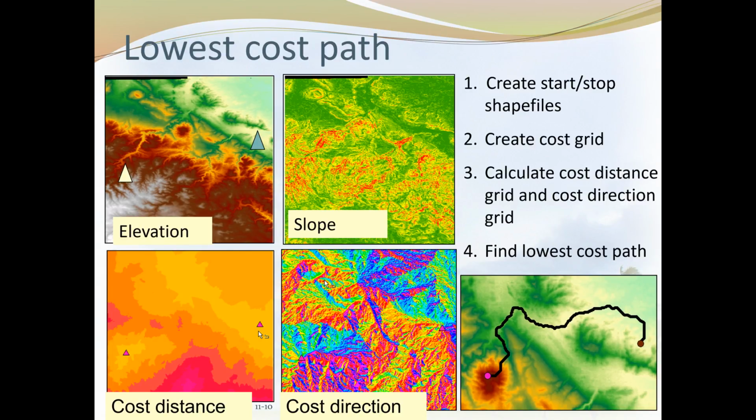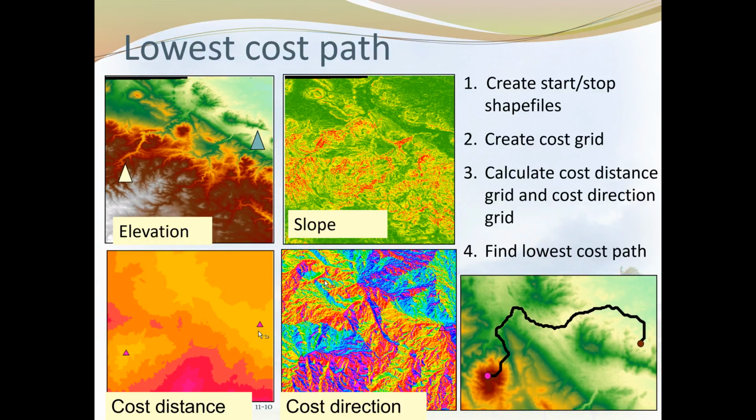In a cost distance analysis, a raster is first prepared that estimates the cost of travel over a surface. A single cost factor such as slope could be used, or the raster could combine different types of costs. This cost raster is used to develop a cost direction raster, which tells a traveler which direction incurs the least cost, and a cost accumulation raster to keep track of the total effort expended as the traveler moves.